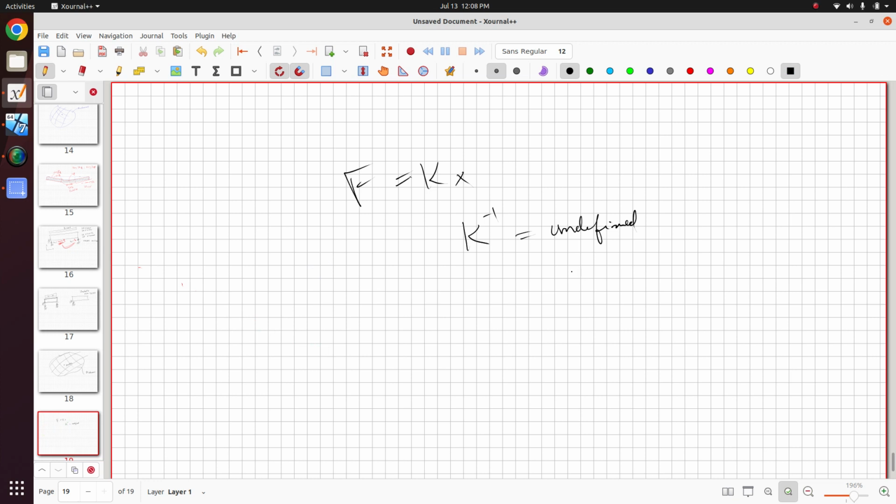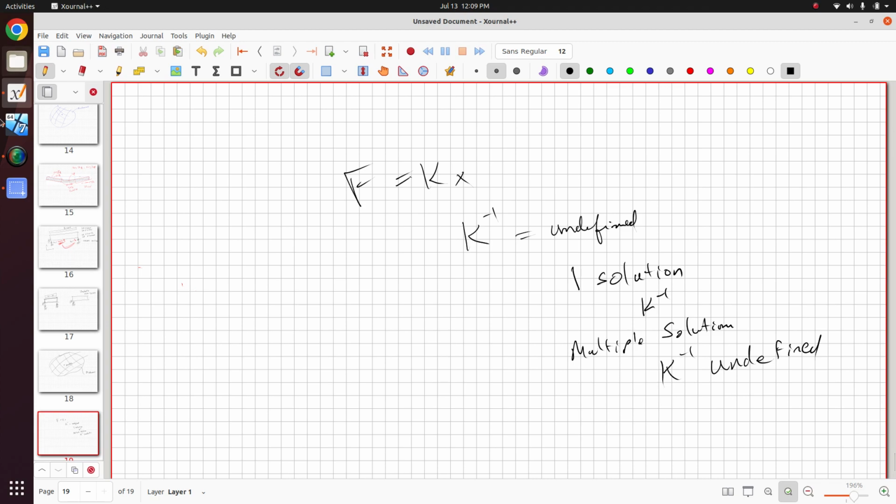There should be only one solution for k-1 to exist. If you have multiple solutions, then k-1 is undefined, it doesn't exist.